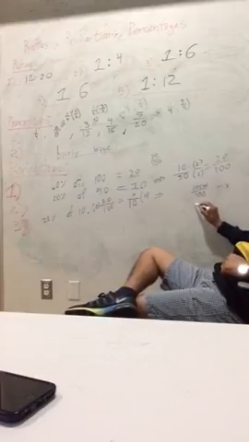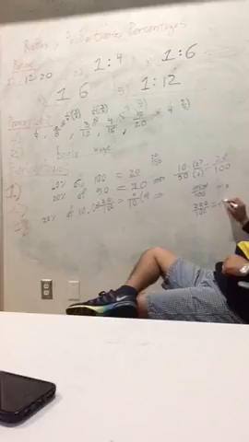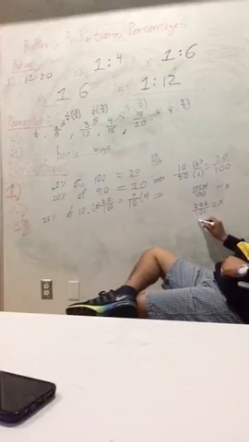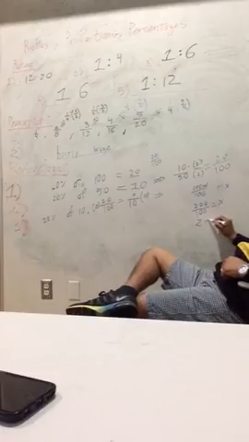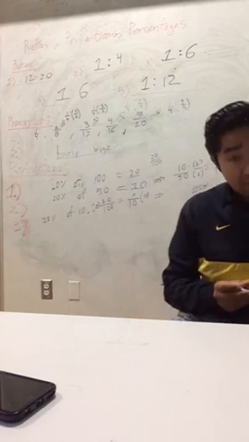What's 20 times 10? 200 over 100. We have here x. So what's 200 divided by 100? That is equal to 2. And that's our answer. 20% of 10 is 2. 2 is 20% of 10.